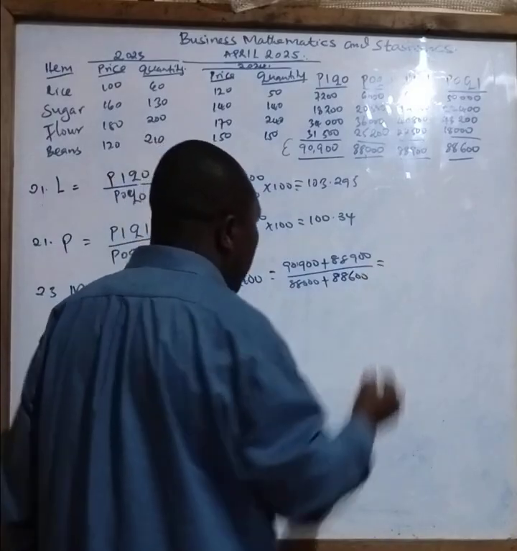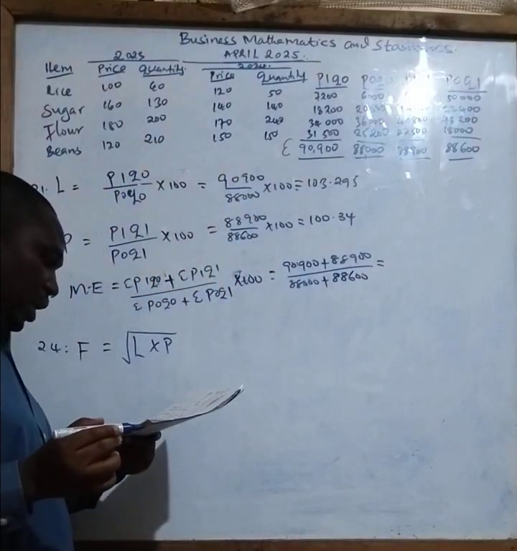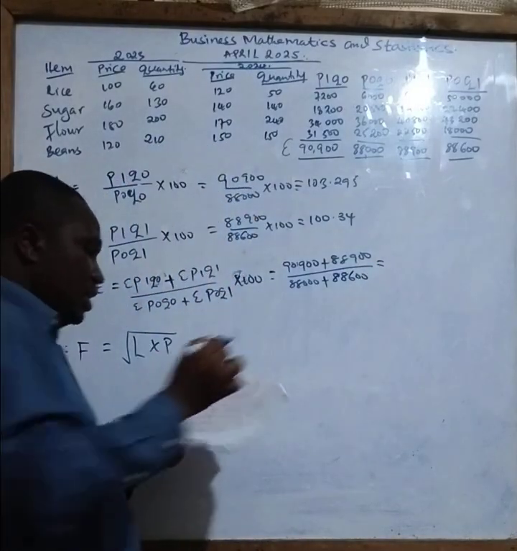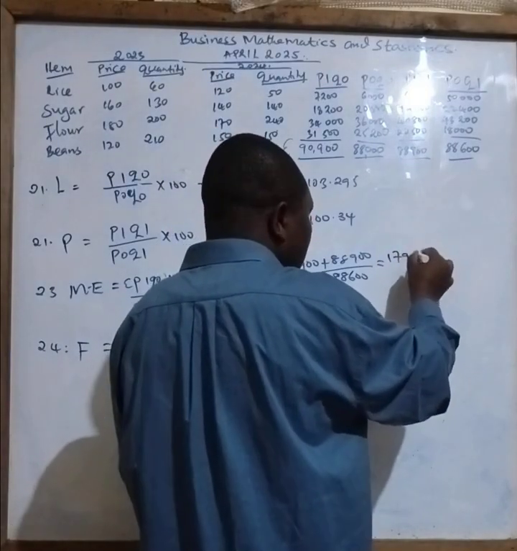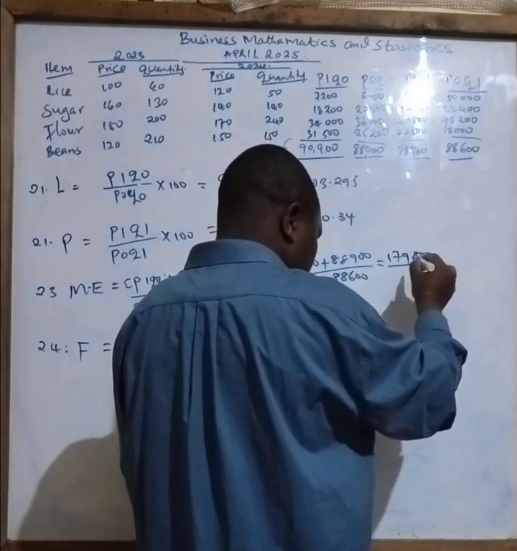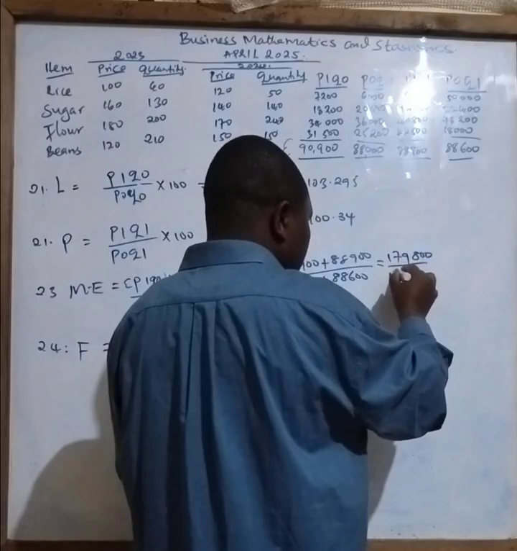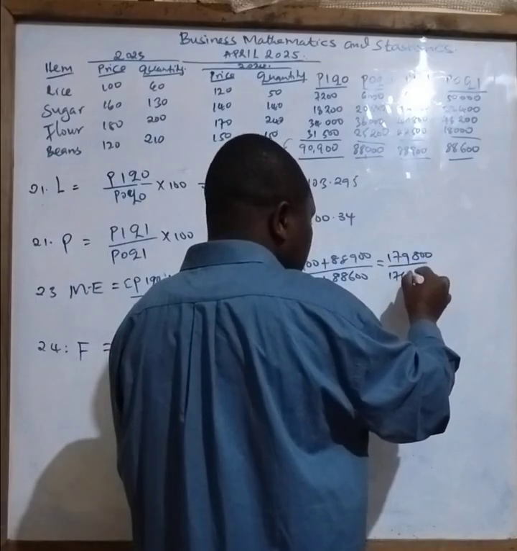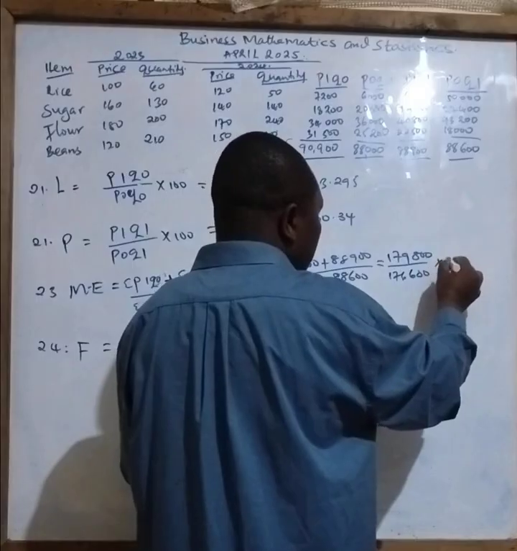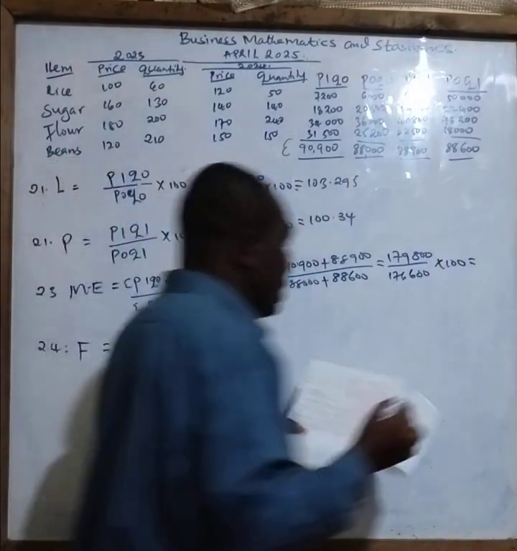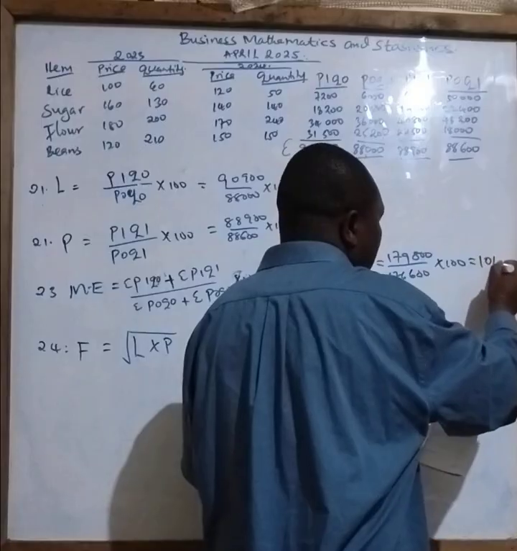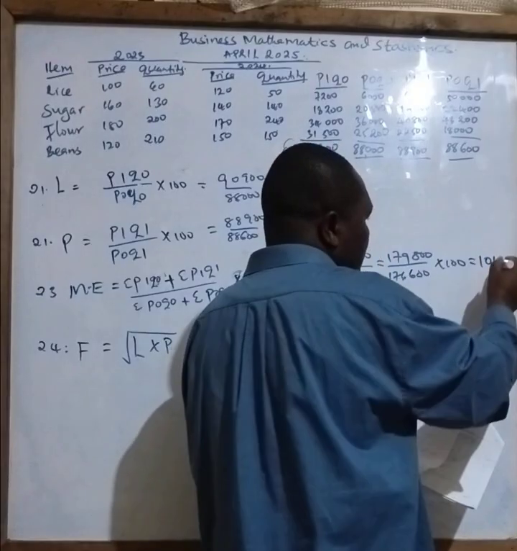So if you work out this particular question very well, the answer you get there is 179,800 divided by 176,600, then you multiply by 100. So the answer you get there is 101.81.